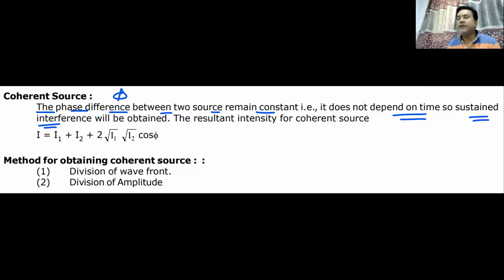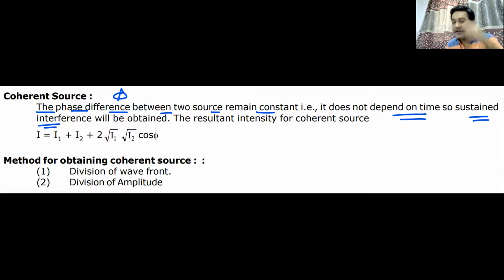When I say interference, at some points you will get a bright fringe, at some points a dark fringe. If the phase difference is constant, you will get a very good pattern of bright and dark fringes: at fixed points dark, at fixed points bright. But if the sources are not coherent, that means the phase difference is not constant, you will not get interference.